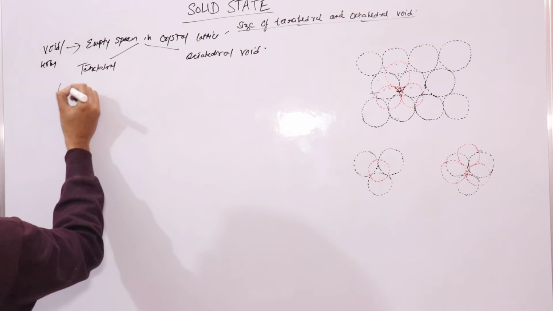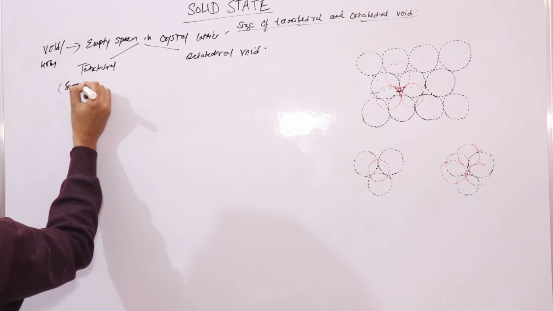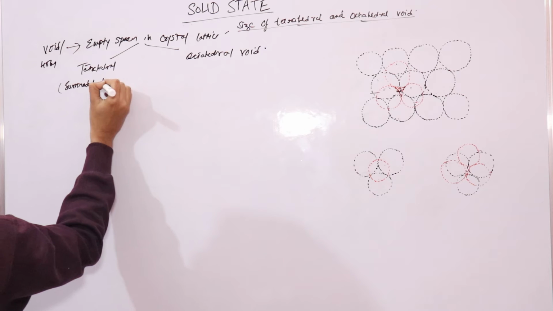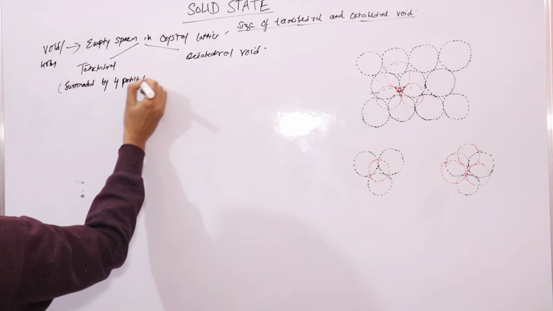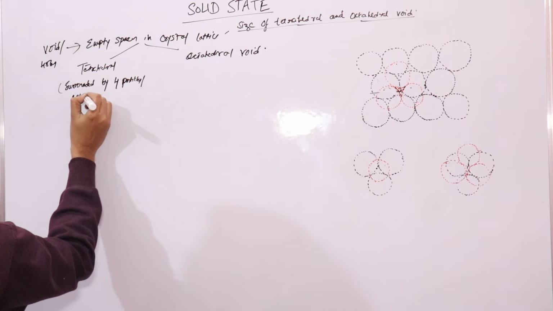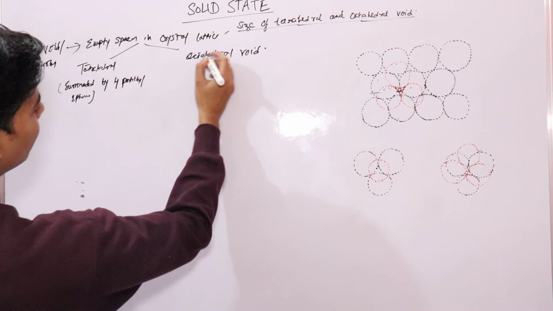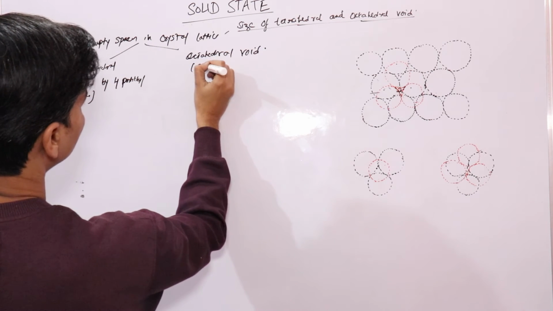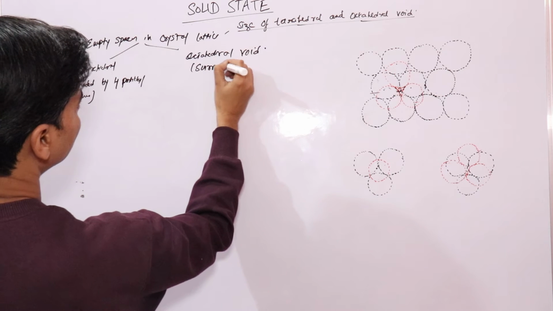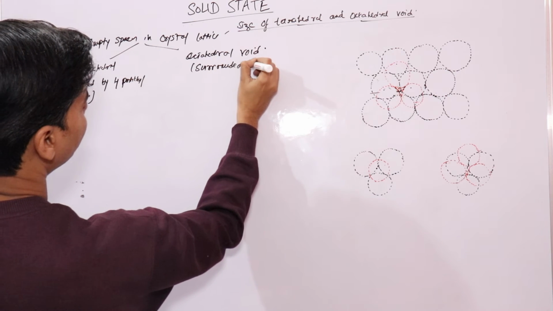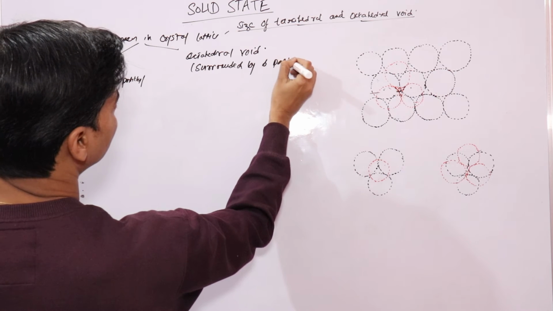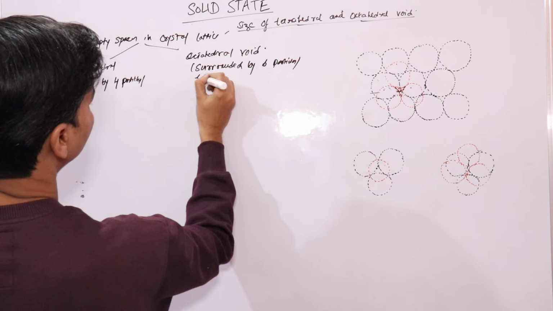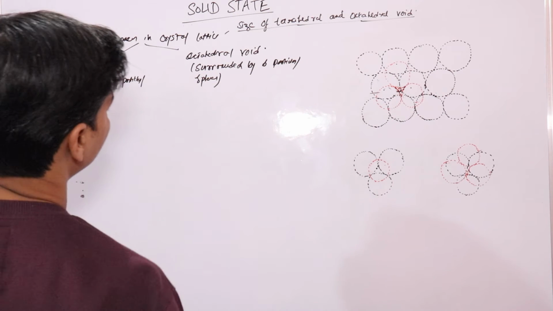Tetrahedral voids are surrounded by 4 particles or spheres. Octahedral voids are surrounded by 6 particles or spheres. Simple.